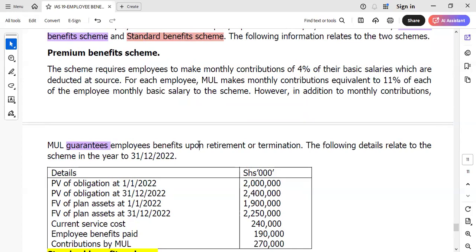The risk is on the company. MORU has an obligation. So what kind of scheme is this? It's a defined benefit scheme. So it's something that you must know from this statement.